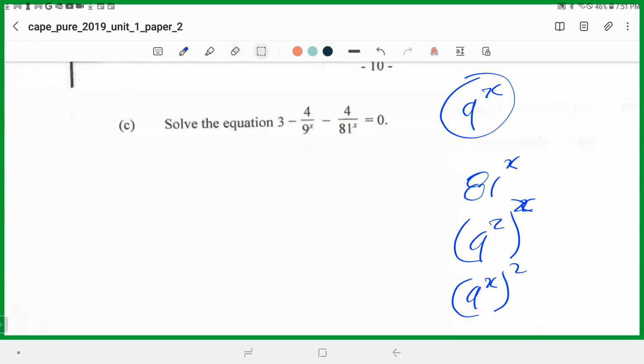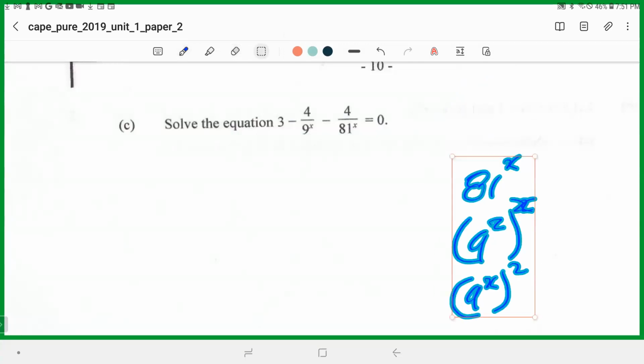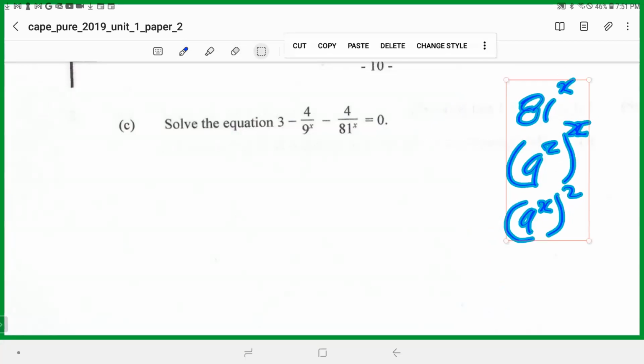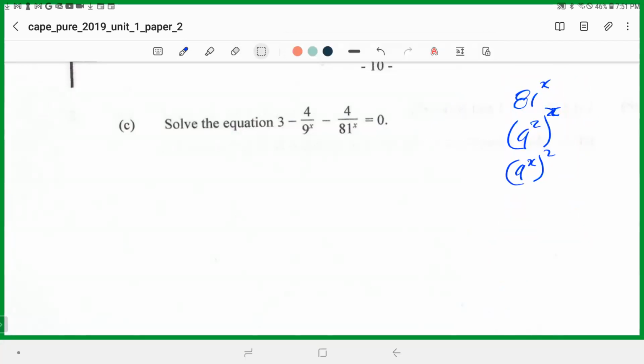Let me shift this over. Sorry. Put this over here, so that's where it comes from. Multiply by the 9 to the x, and the quadratic in 9 to the x. Watch this.